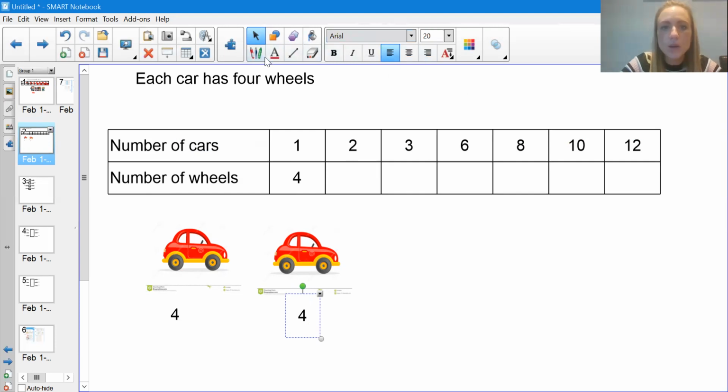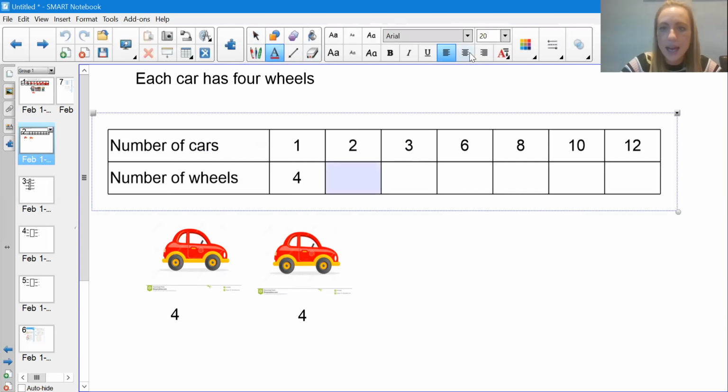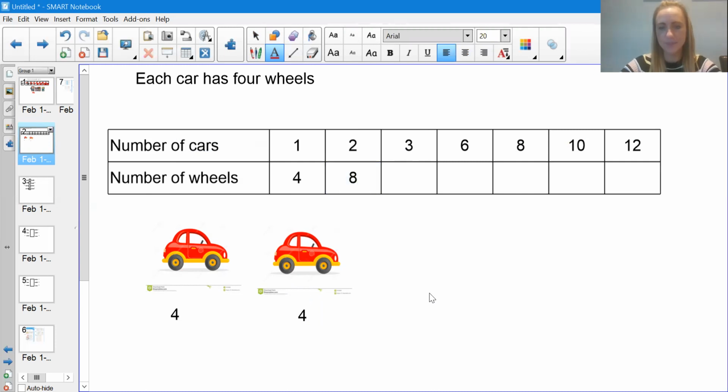And 2 lots of 4 wheels would give me 8. I'd like you to now pause the video and have a little go at working out what the rule might be for finding the amount of wheels.